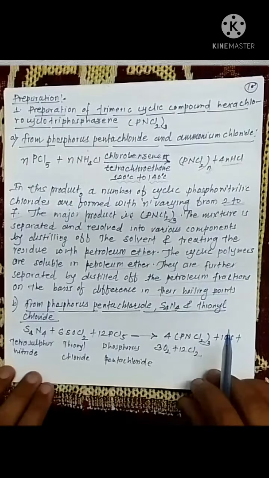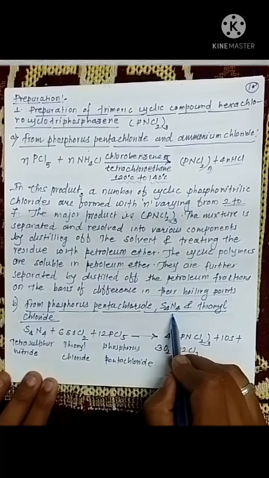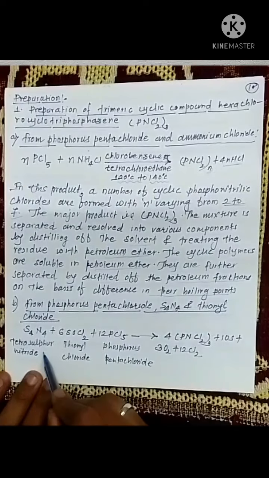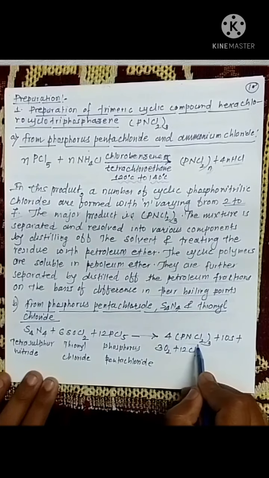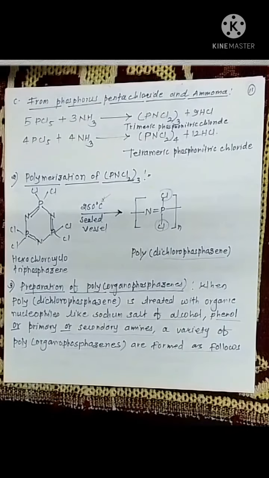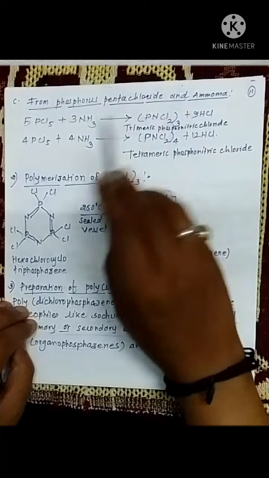The second method is from phosphorus pentachloride, tetrasulfur tetranitride, and thionyl chloride. Basically tetrasulfur nitride, thionyl chloride and phosphorus pentachloride are reacted and we get (PNCl2)3, as shown in this reaction. Now the third method is from phosphorus pentachloride and ammonia.